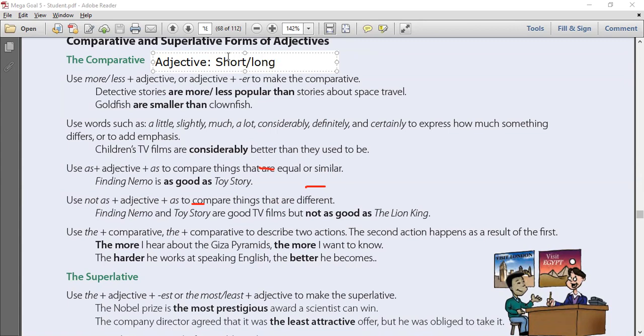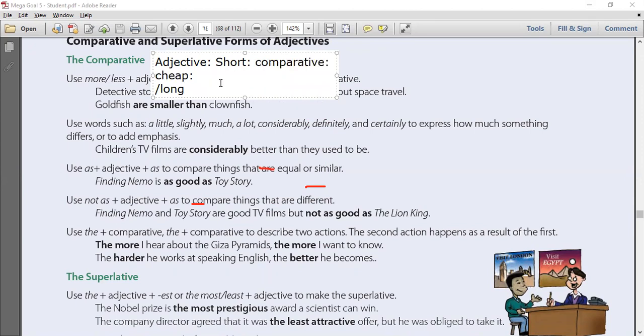In the comparative form, if the adjective was short, what you're going to use? So for example, if I have the adjective cheap, so in the comparative form, cheap is going to be. You can write that down in the chat, ثالث. So what is the comparative form of cheap? Cheaper.